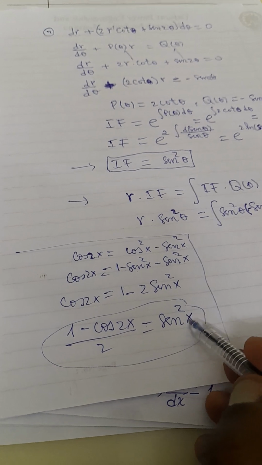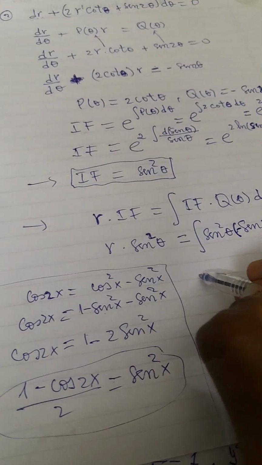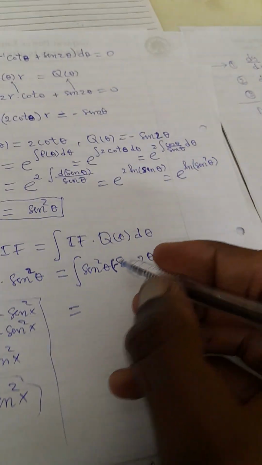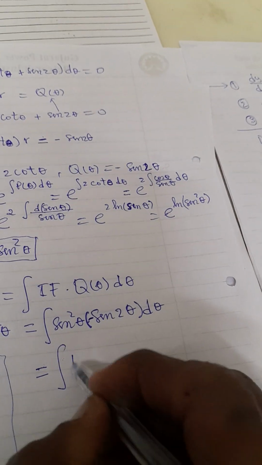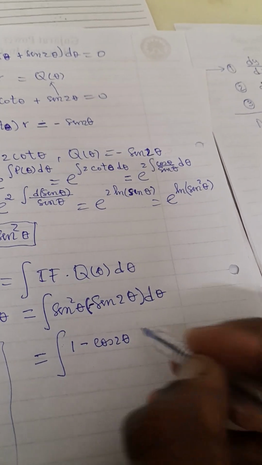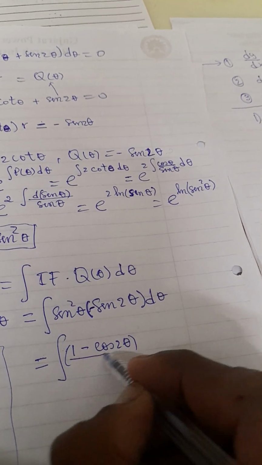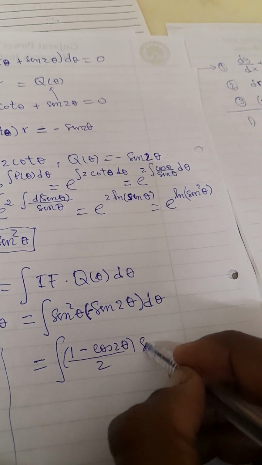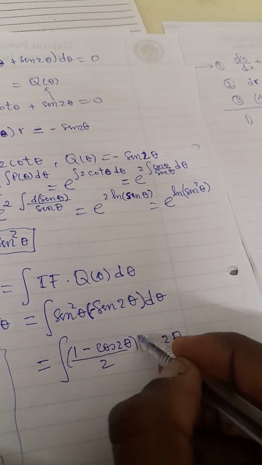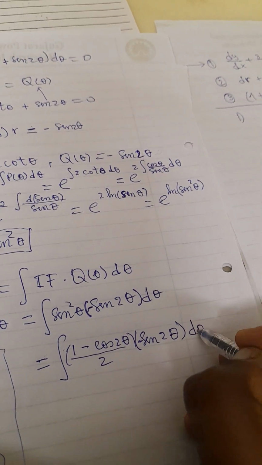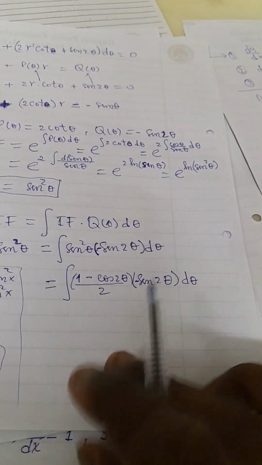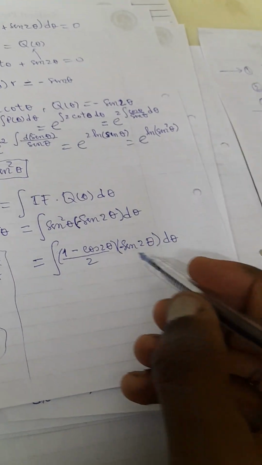So this is true. Just change x to theta. We are going to see this. This will be (1 minus cos 2 theta) by 2, and here sin 2 theta. Here it is negative. Just guys, be aware, because sometimes if you forget the negative sign, it will be a problem for you.